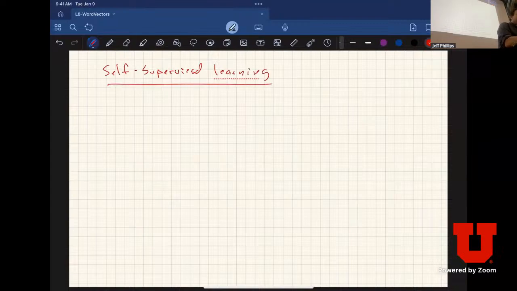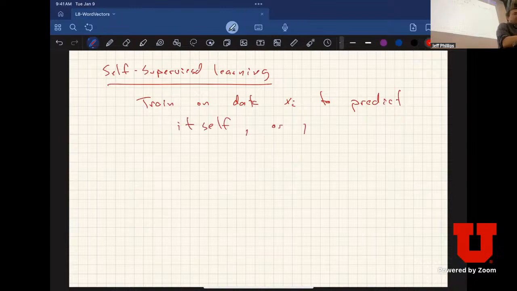Self-supervised learning, so I basically train on data xi to predict itself or part of itself.